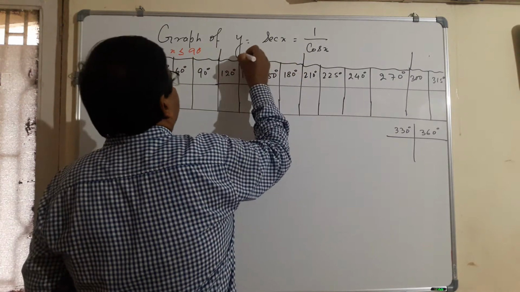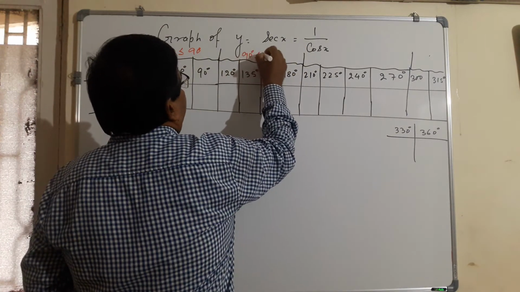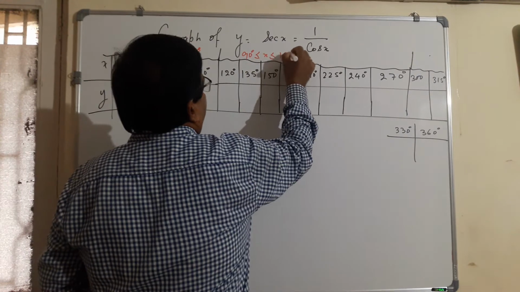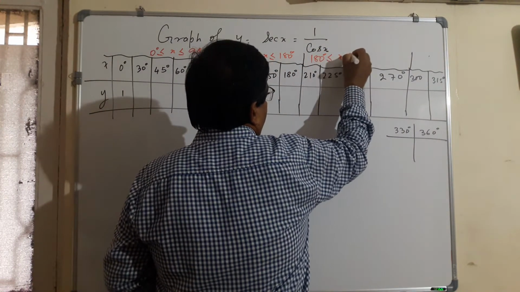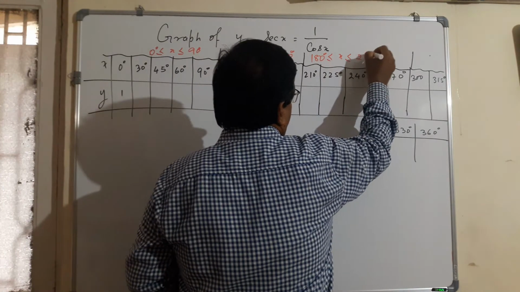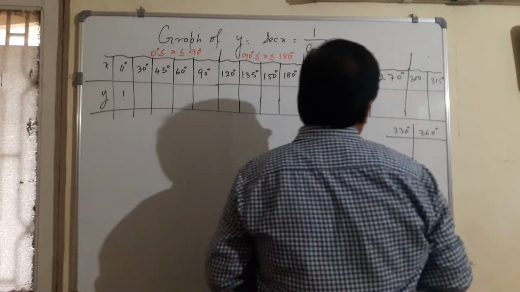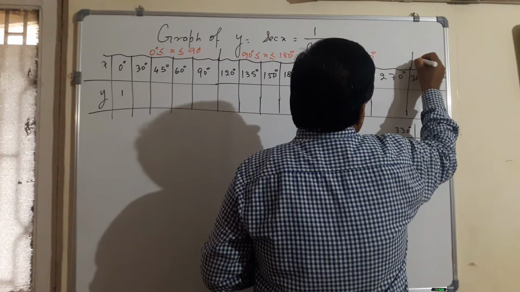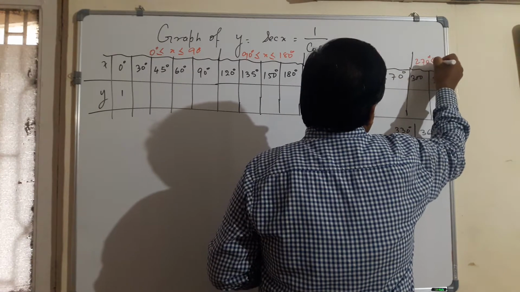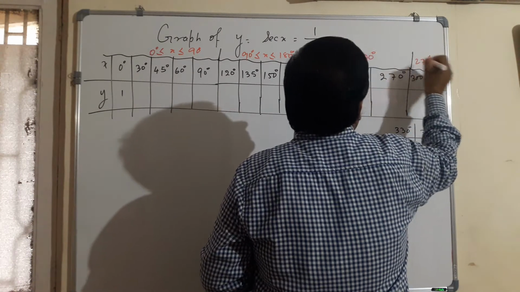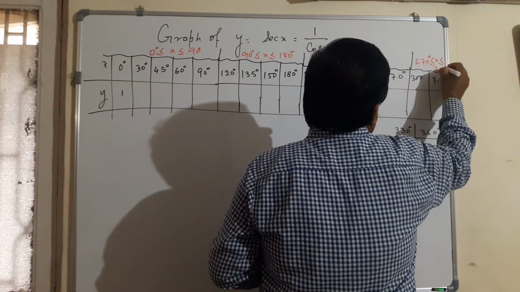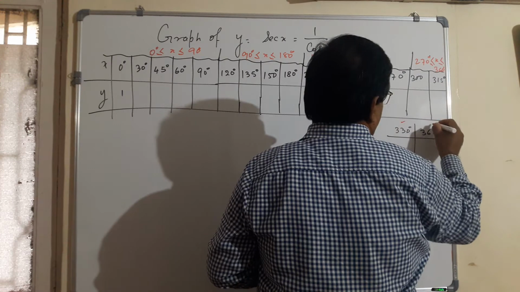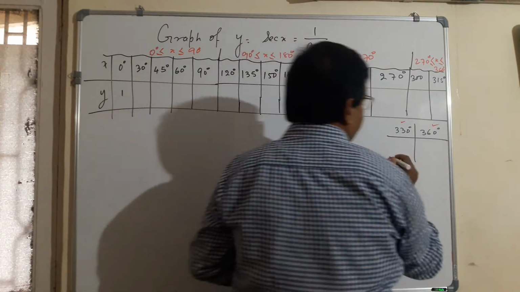Second quadrant 90 to 180 degree. Here 180 degree to 270 degree, this is the third quadrant, and here 270 to 360 degree.